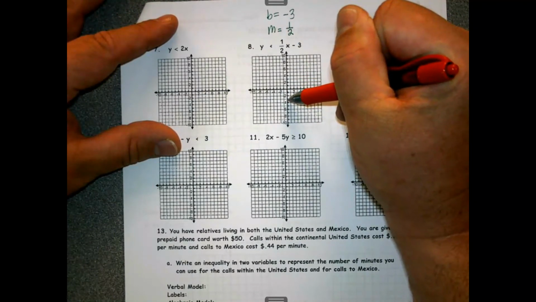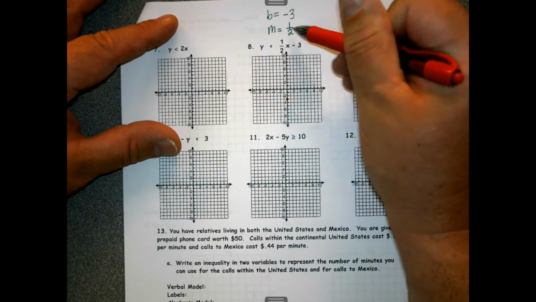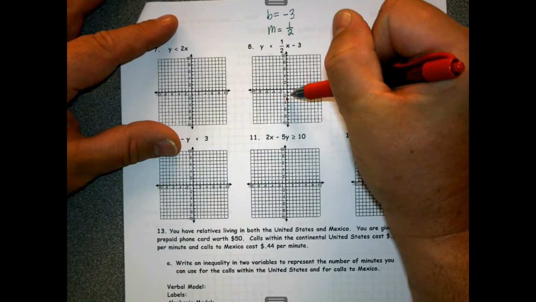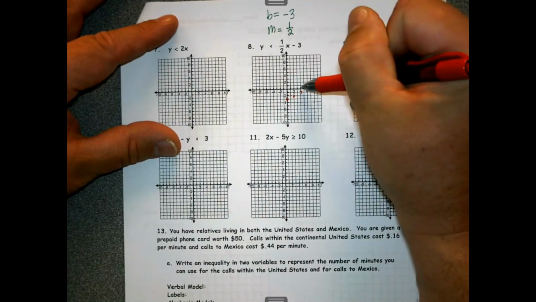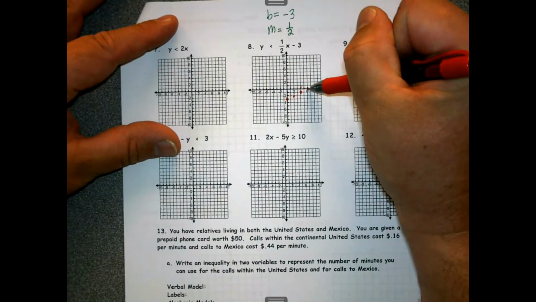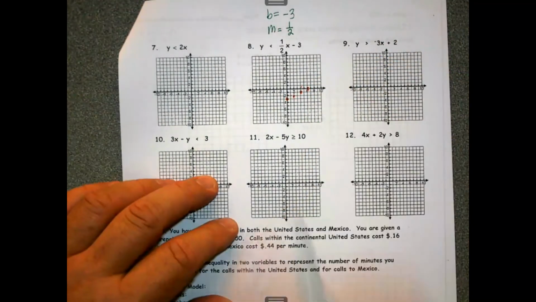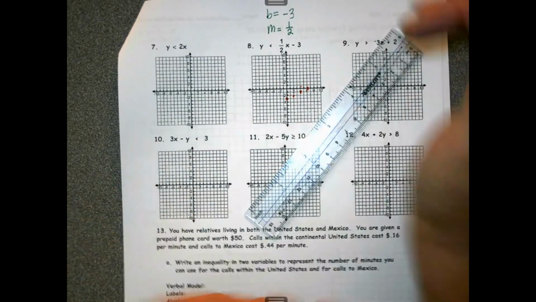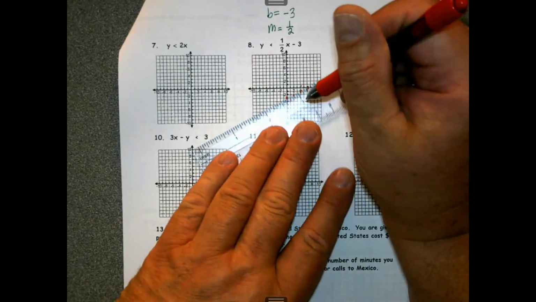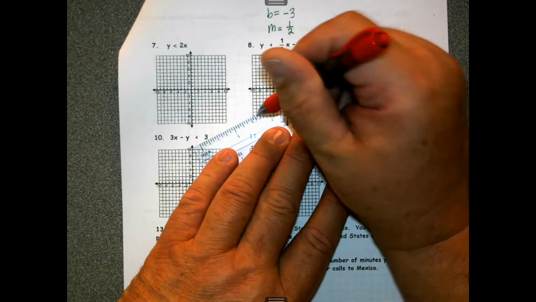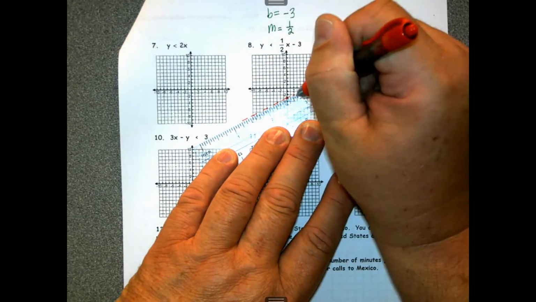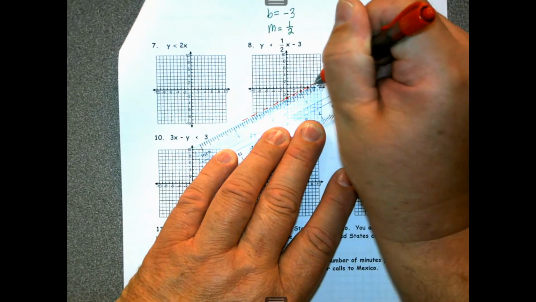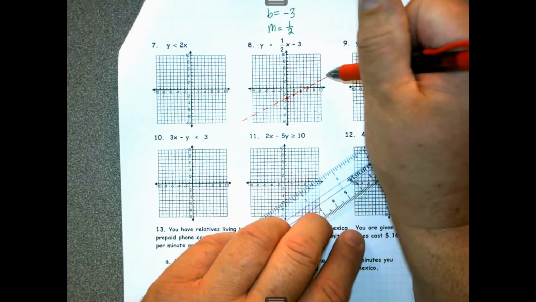Starting at -3, I'm going to go up 1 to the right 2. Up 1 to the right 2. Do I have a solid or dashed line? Dashed, good. And I'm going to shade below because it's a less than sign.